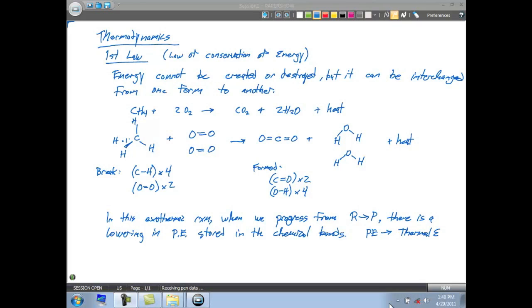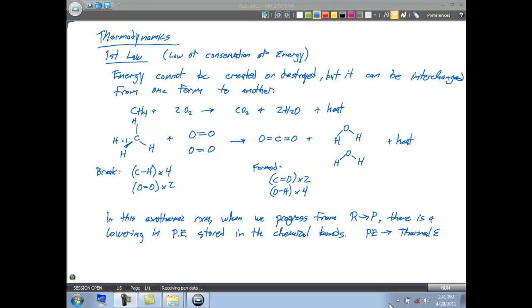And a lot of your plants, they choose to store their energy in the chemical bond because it's the most efficient and it's a very compact way to store all the energy that they need. So we have a lot of potential energy that's stored in these chemical bonds. And this is how I like to think about the first law of thermodynamics, or the law of conservation of energy.